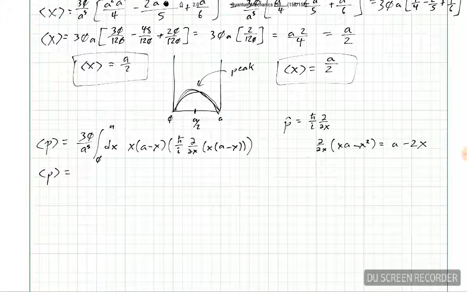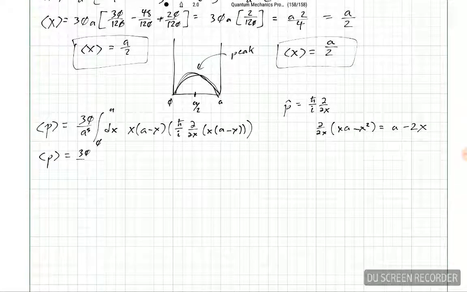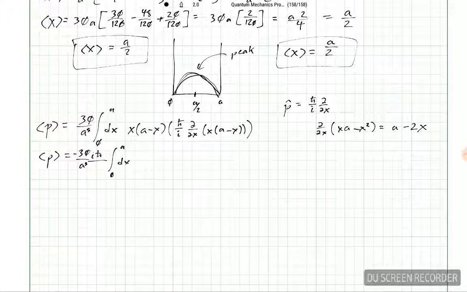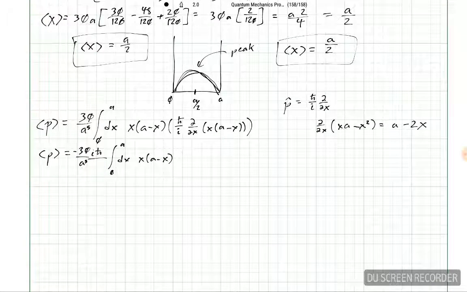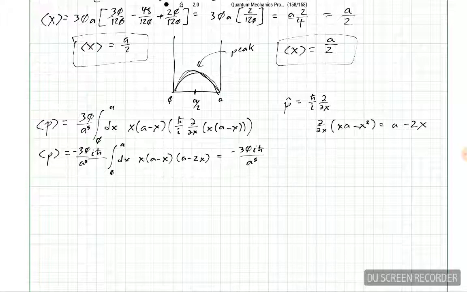I suppose I could write that as a full derivative inside there. Okay, I'm going to go ahead and pull out my h bar over i. So I can put the i on top, I'm just going to call it negative i h bar. And now I have this guy, my psi, times the spatial derivative of my psi, which is this guy. So I have negative 30i h bar over a fifths.